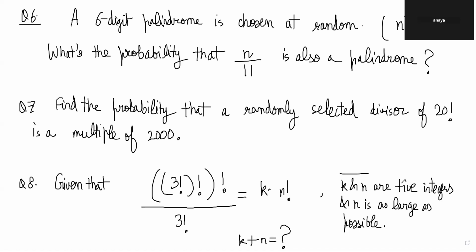K and N are positive integers and N is supposed to be as large as possible. These three questions, try out before the next class.